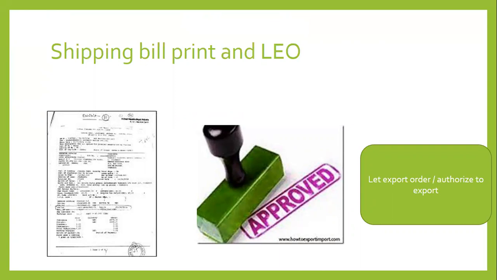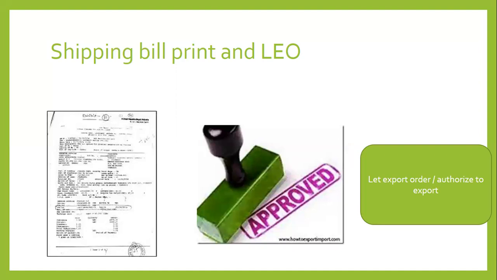The Let Export Order is the shipping bill on which details regarding the shipment are mentioned. The shipment is examined fully, and details like the time and date of the shipment, container numbers, tax number, and whether the containers were physically opened or not are mentioned on the shipping bill, the Let Export Order copies.